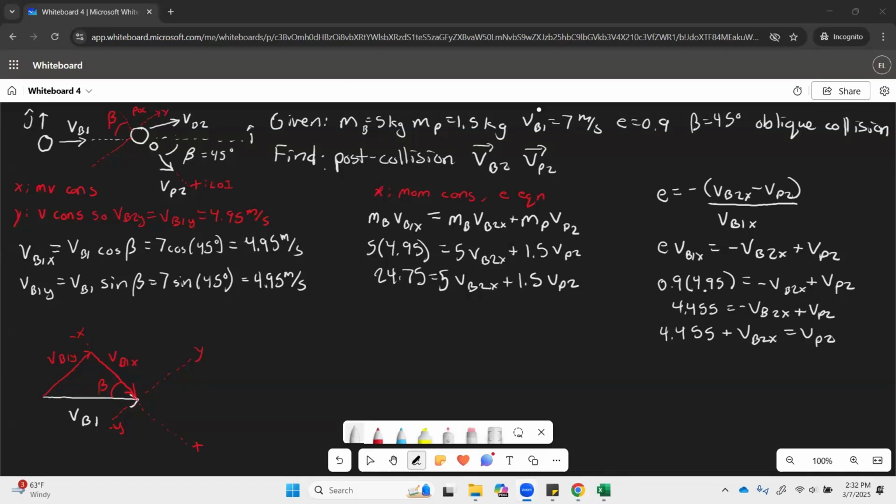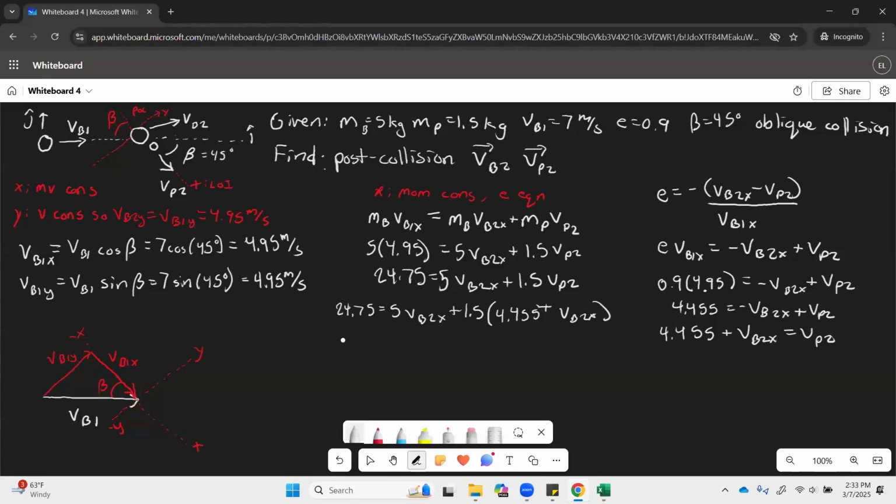Now we've got this VP2, so we'll go ahead and plug that in over here. So we've got 24.75 equals 5 VB2x plus 1.5 times (4.455 plus VB2x).